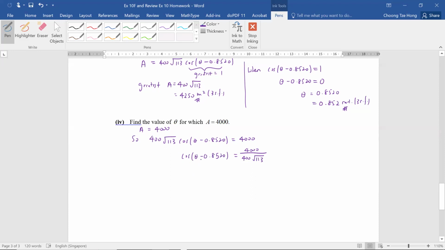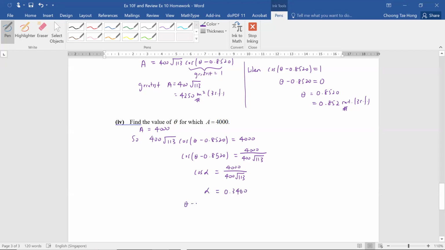Okay, we'll find the basic angle, but for such questions, we don't really have to find the basic angle. We just have to find the first quadrant answer because cosine is positive. But anyway, we can go ahead and find the basic angle. So cosine alpha is this. The basic angle should be 0.3460.